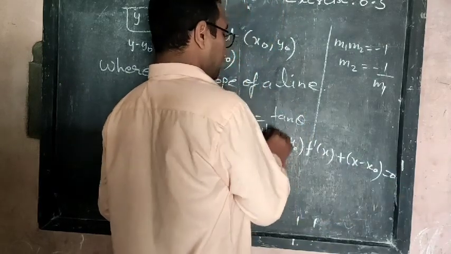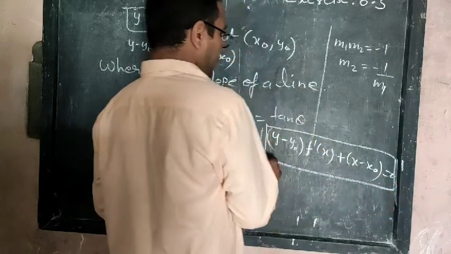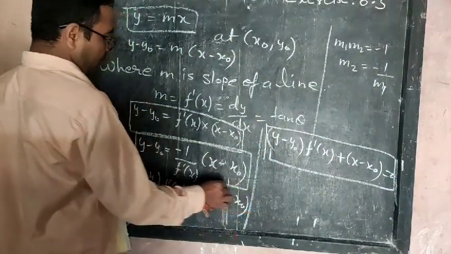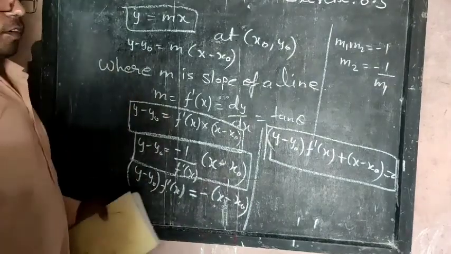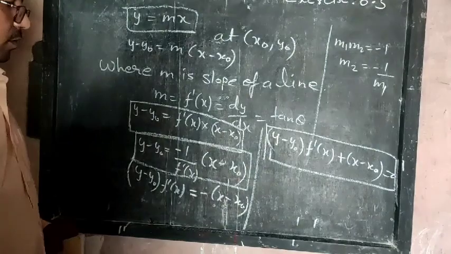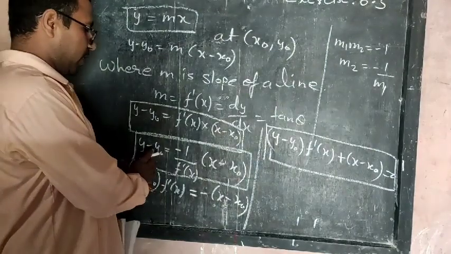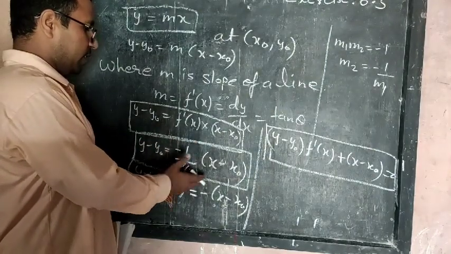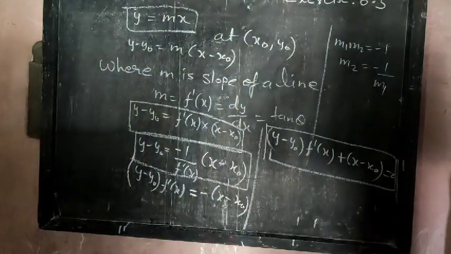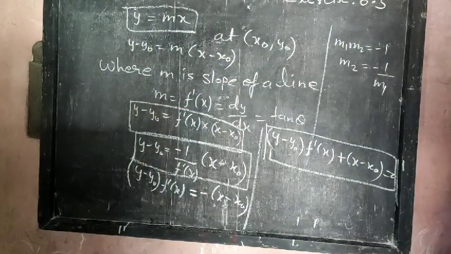You may say this one is the equation of the normal, or simply you can put it here also. It is the same thing, we have just arranged it a little bit: y minus y naught is equal to minus 1 by f dash x into x minus x naught. So this one is the equation of the normal which we have got here.